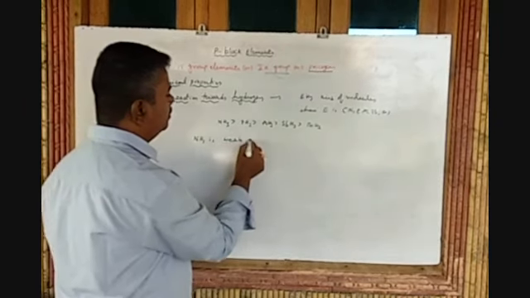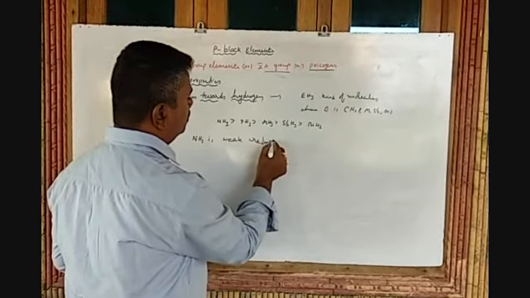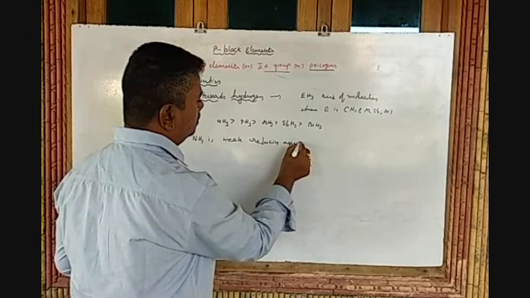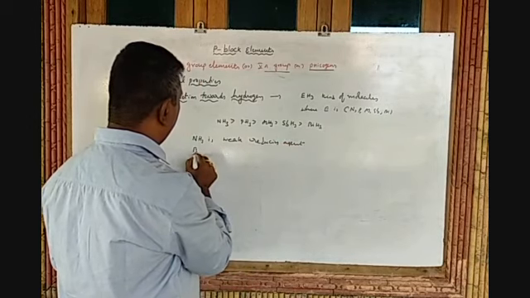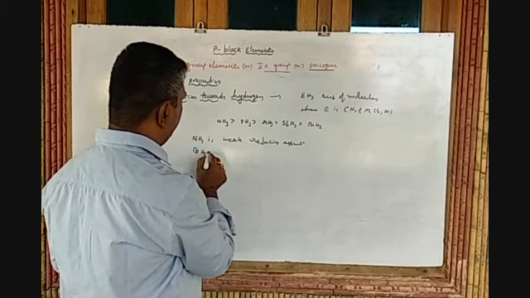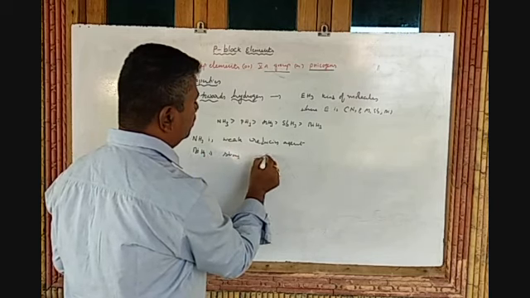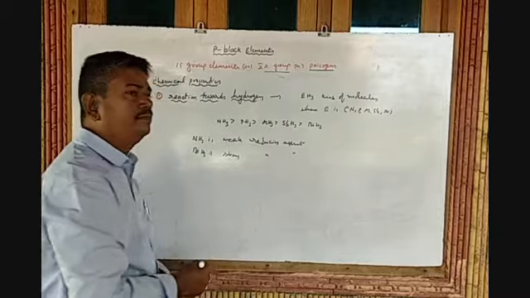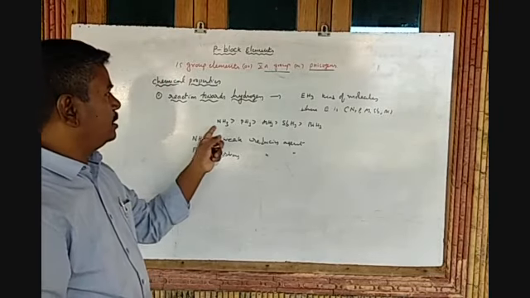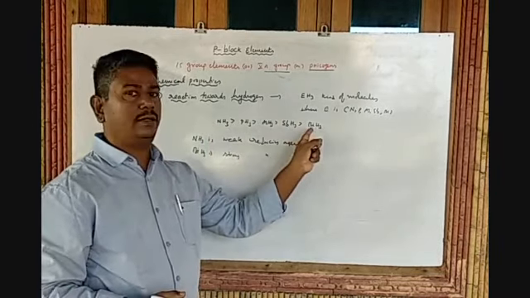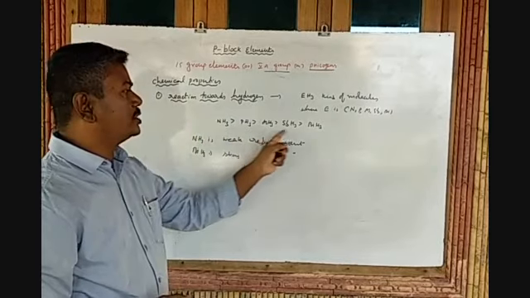weak reducing agent, whereas bismuth hydride is a strong reducing agent. So the thermal stability also increases, like it showed in the property, thermally more stable of which one?